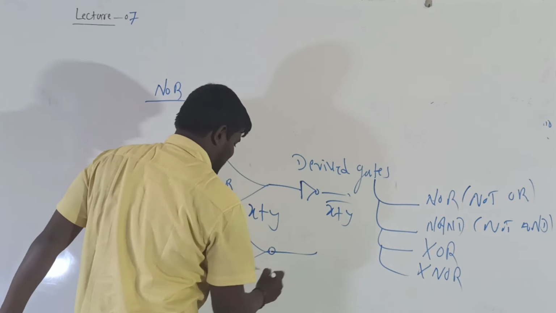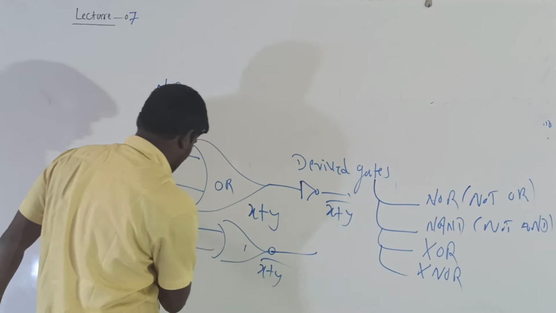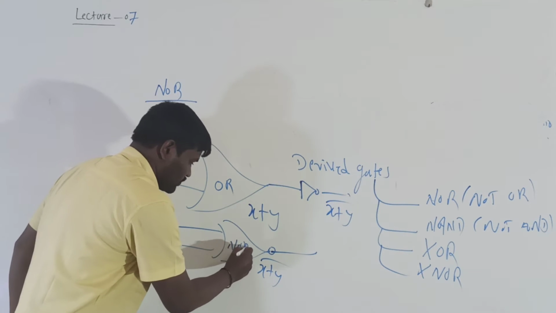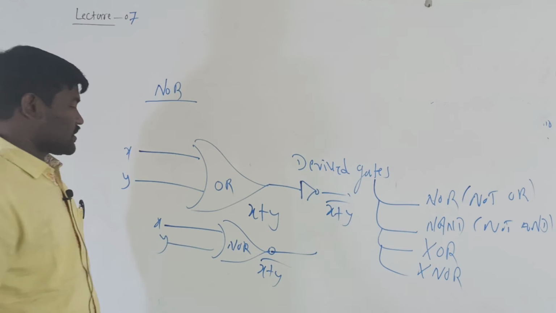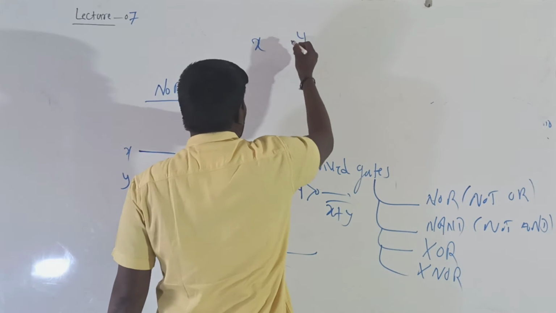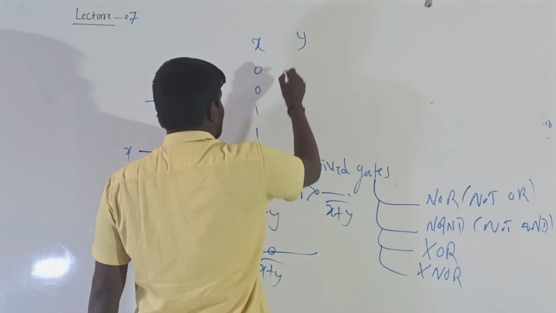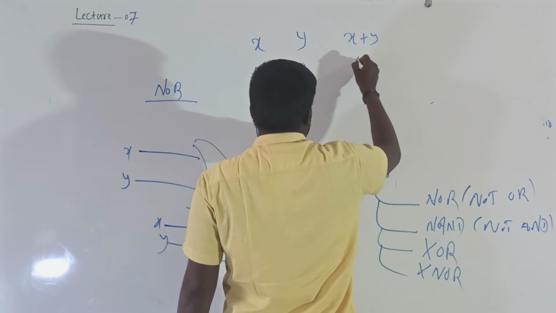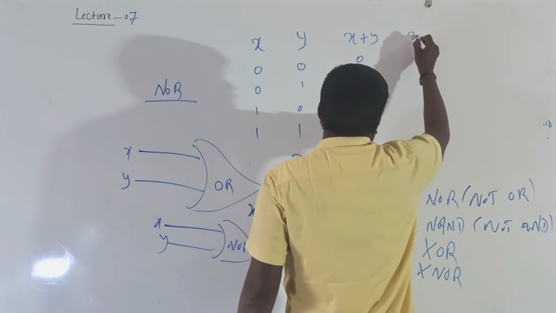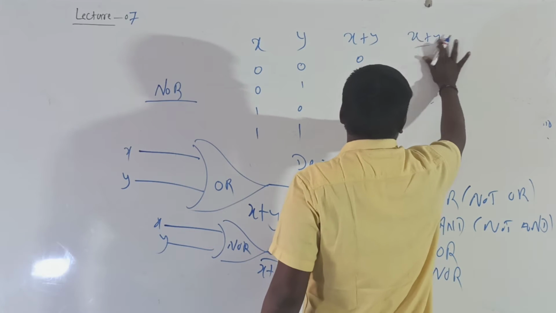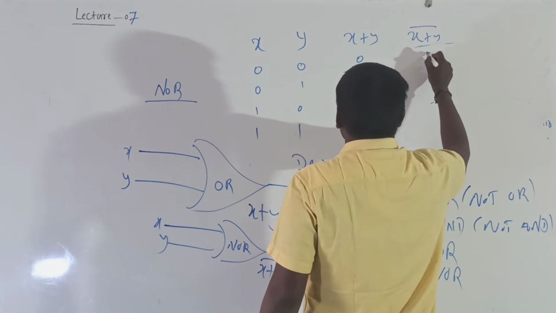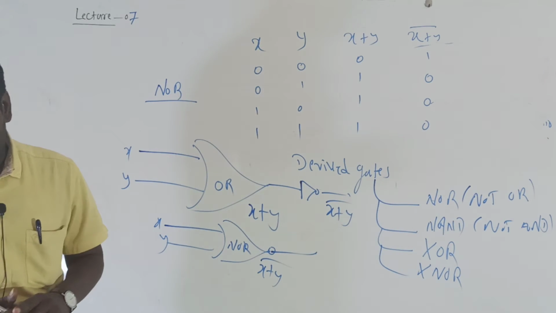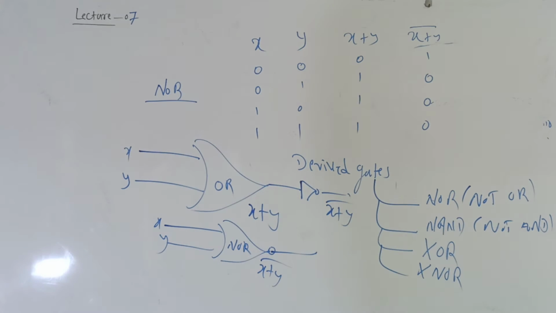This indicates x plus y whole bar. So this is the NOR gate. The truth table: x, y is 0 0, 0 1, 1 0, 1 1. x plus y is 0 1 1 1, and x plus y whole bar is 1 0 0 0. So this is the truth table for the NOR gate.